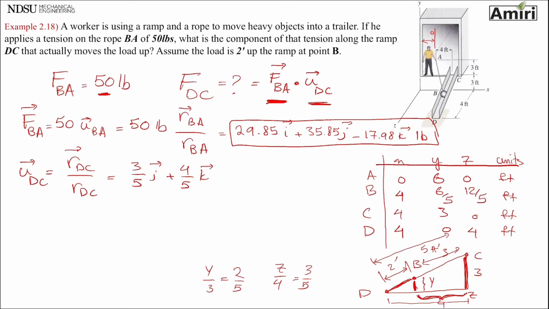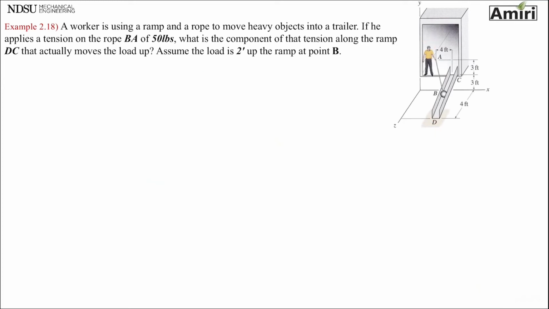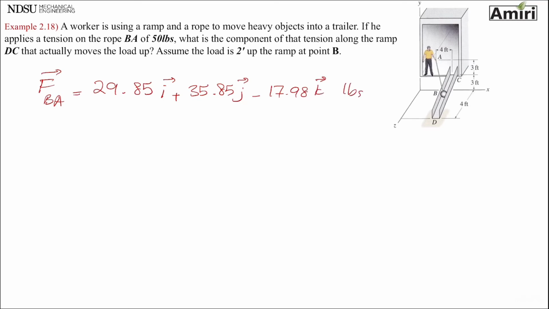So now that I found those two, I can put it back in my major equation and dot product those two together. Let me write this quickly for reference. 29.85 I, 35.85 J, 17.98 K pounds. Unit vector of DC: 0 I, 3 over 5 J, 4 over 5 K. No units.